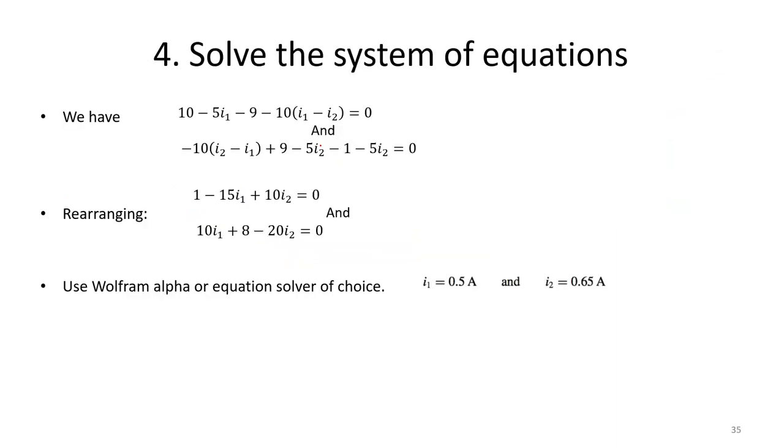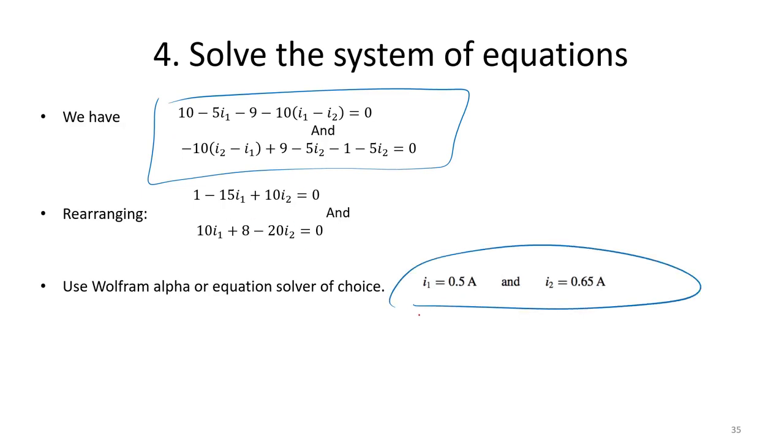So finally, the last step is to solve our system of equations. You'll remember we have these two equations. We can simplify and rearrange, and using our solver of choice, we can arrive at our final answer. So that wasn't too bad, right?